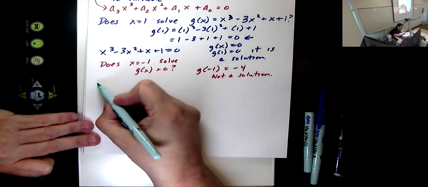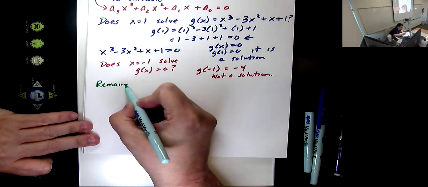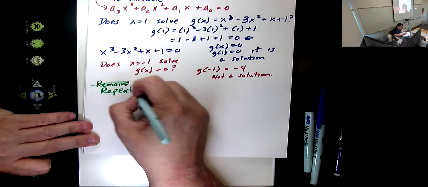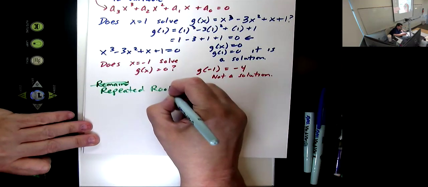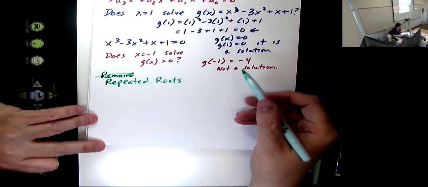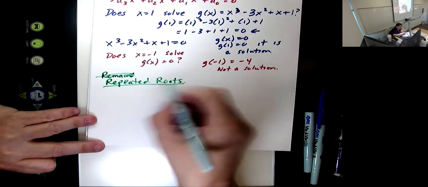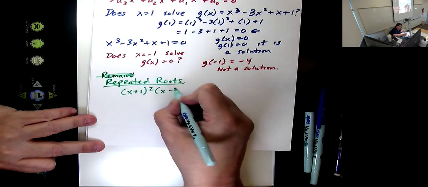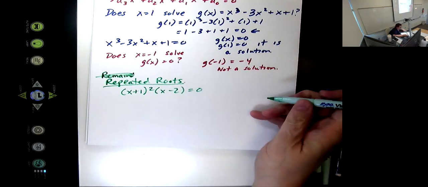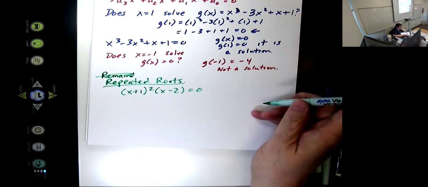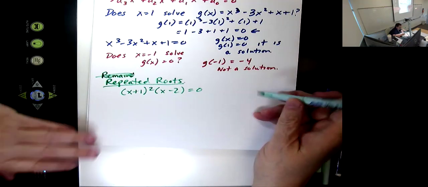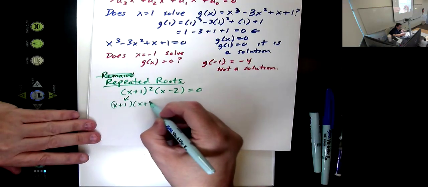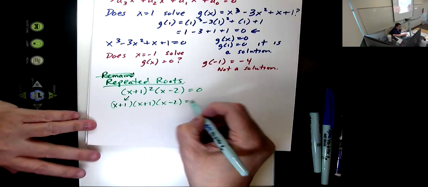All right, next thing we need to know here is the remainder theorem. Nope, we're not doing that yet. Repeated roots. Let's talk about repeated roots first. If I have x plus 1 squared times x minus 2 equals 0, this is x plus 1 times x plus 1 times x minus 2 equals 0.